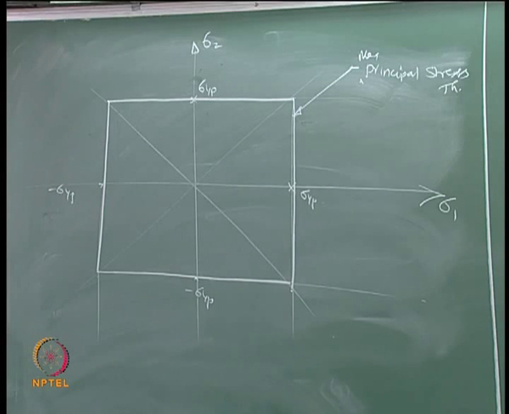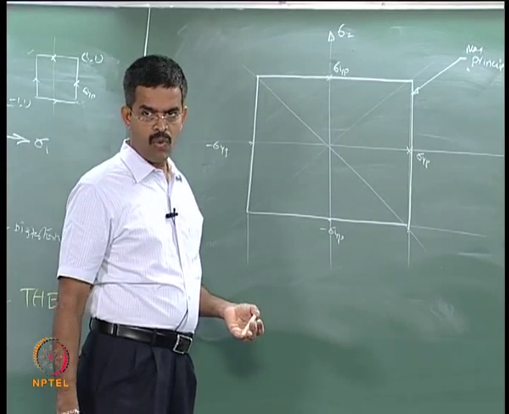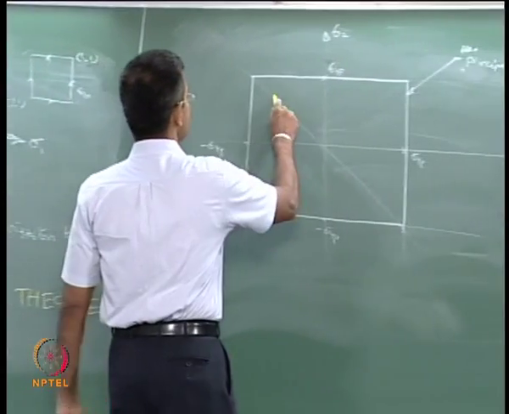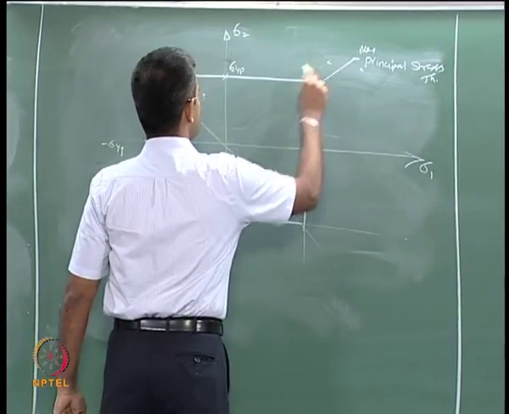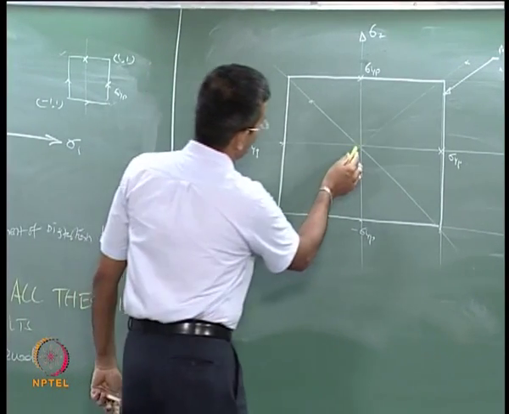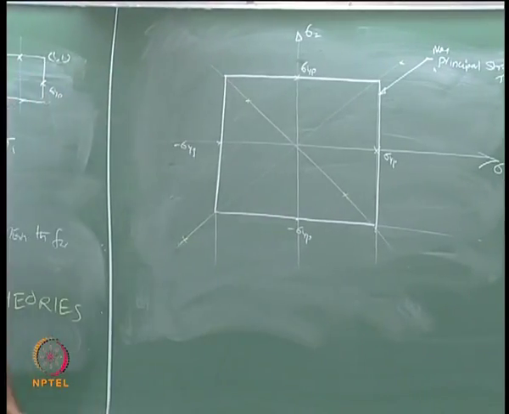The second theory which we will draw will be the maximum strain theory. So, tell me what is the speciality about the maximum strain theory given by Saint-Venant? What will be the shape of the boundary? It is going to be a rhombus. Okay. So, here the values can be even more than sigma yp, whereas here the values are lesser than sigma yp, is it not?